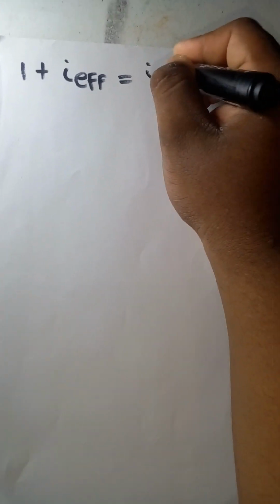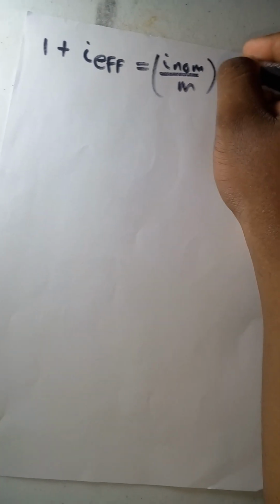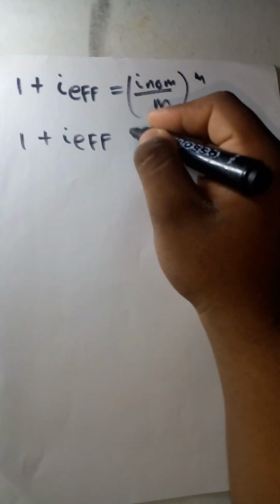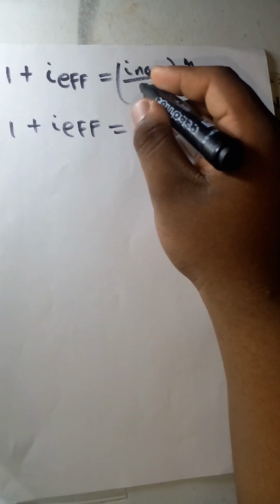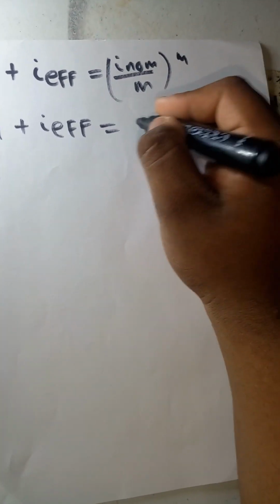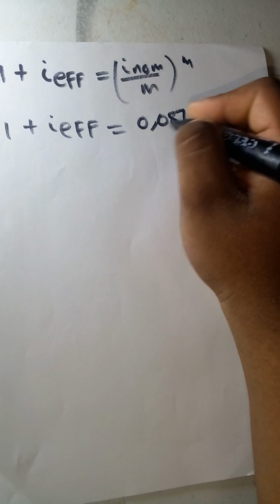So now we're going to go to the next one. Here we have I effective, which equals I norm over M. So I'm simply looking for this I effective, right? The I norm, when I change it to decimals, is 0,087 over.